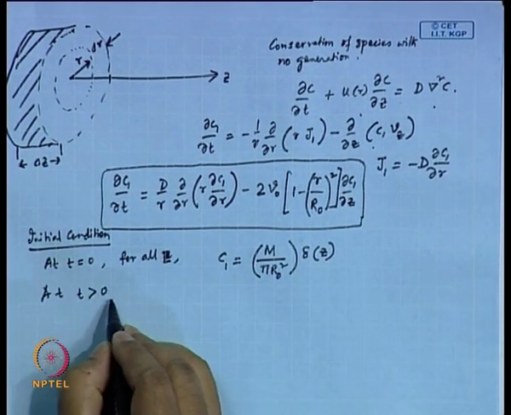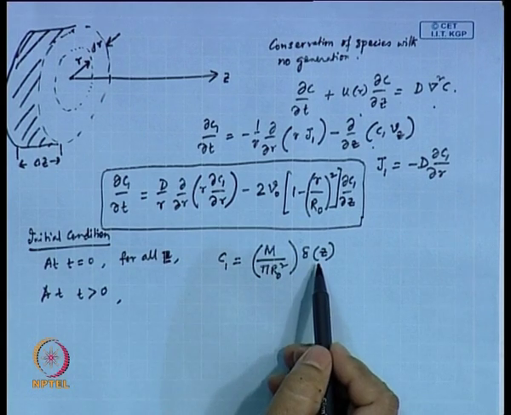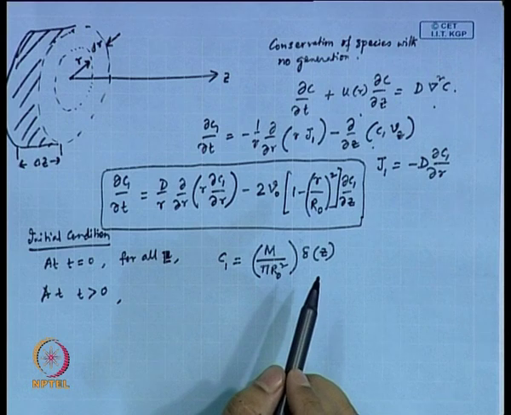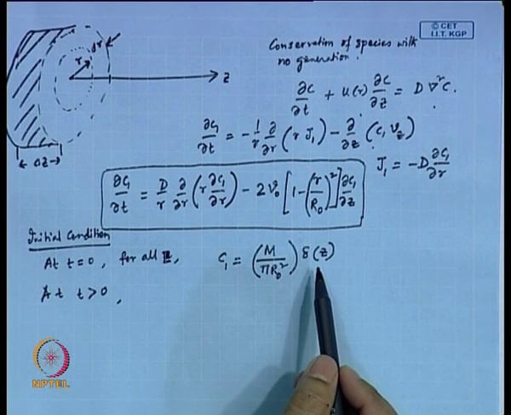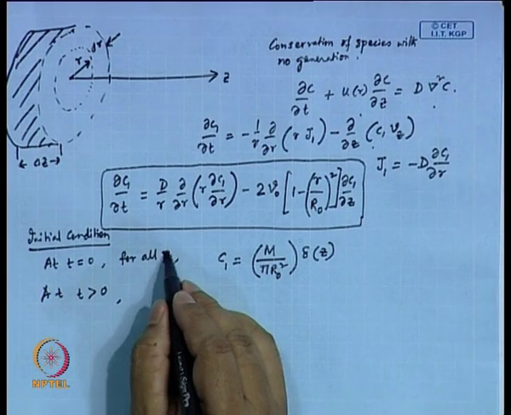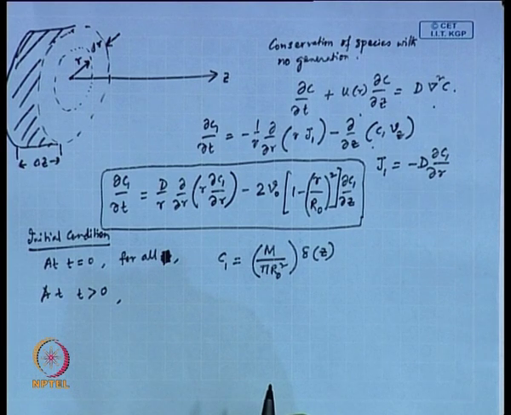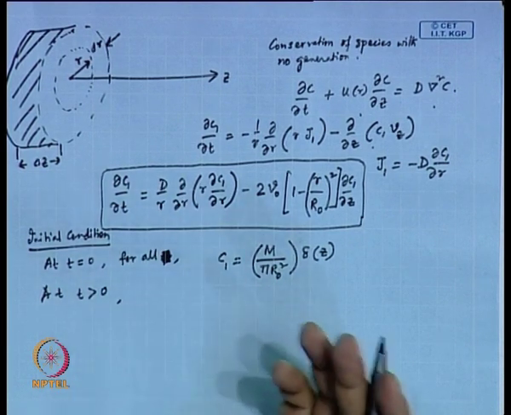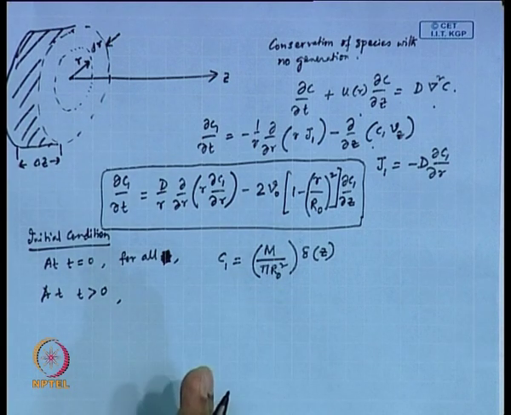And at t greater than 0, z equal to 0 is the place where the z starts. So, when you write this delta z, at t equal to 0 for all r, the Dirac function is referred to for all z, because the Dirac function exists only at z equal to 0.